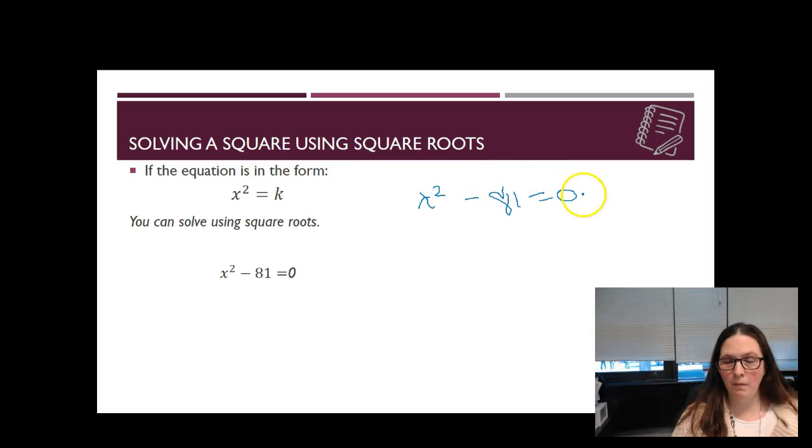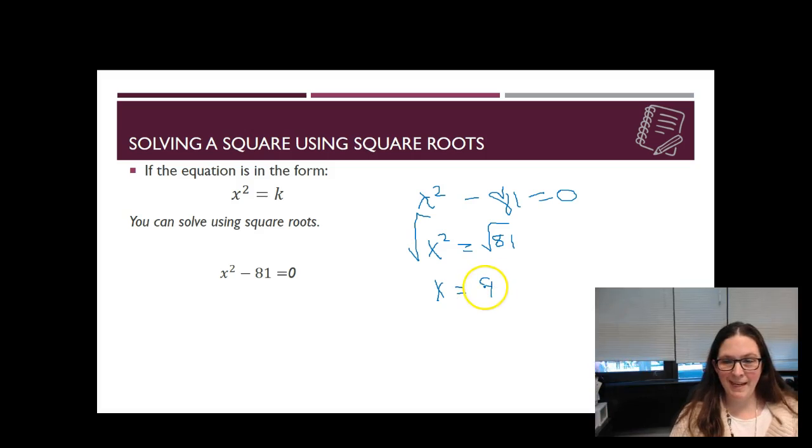So we're going to move the 81 over to this side, and we're going to be left with x squared equals positive 81. Now, the solution to this, we know that to cancel an x squared, we just square root both sides, and we're left with x equals 9.